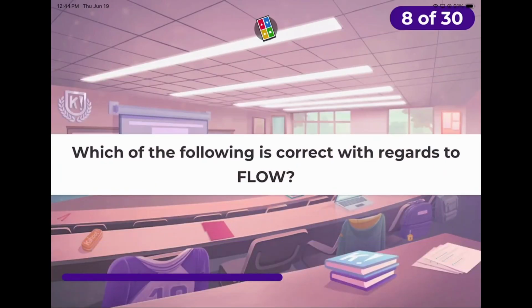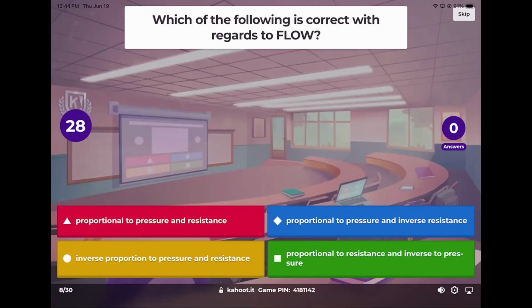Okay, which of the following is correct with regards to flow? Is flow proportional to pressure and resistance, inversely proportional to pressure and resistance, or which one is the combination?